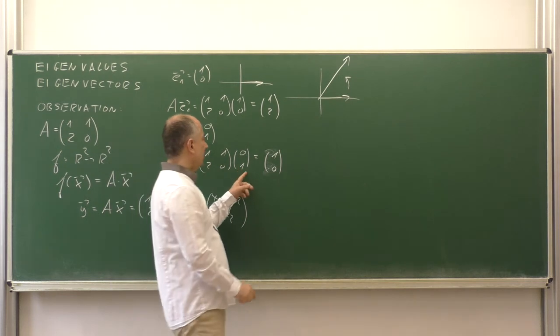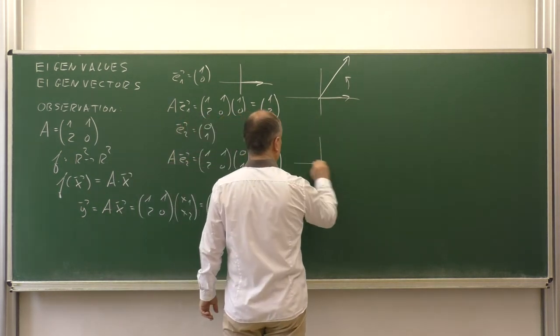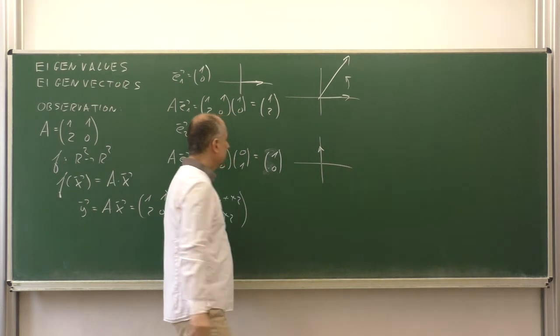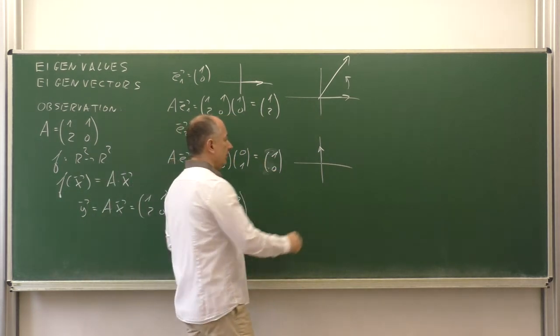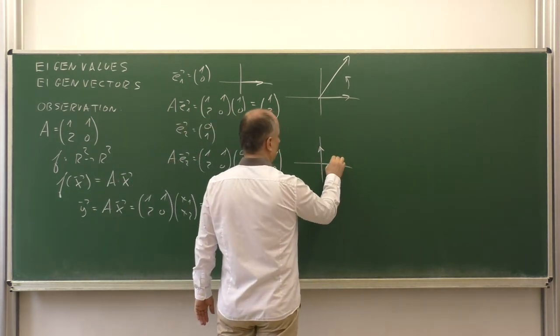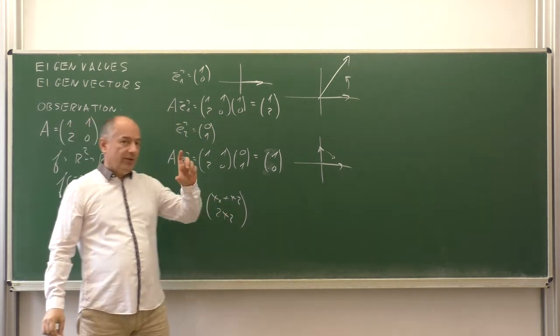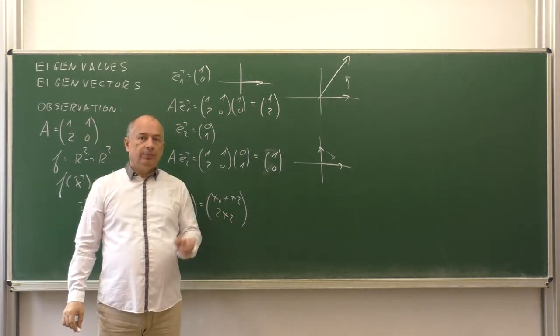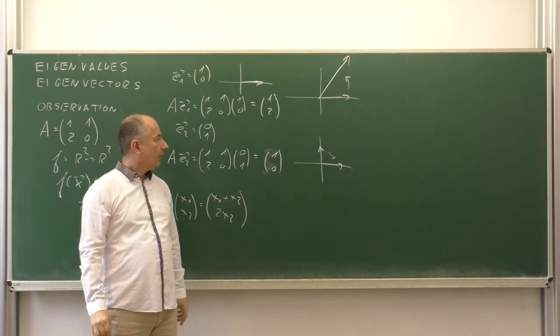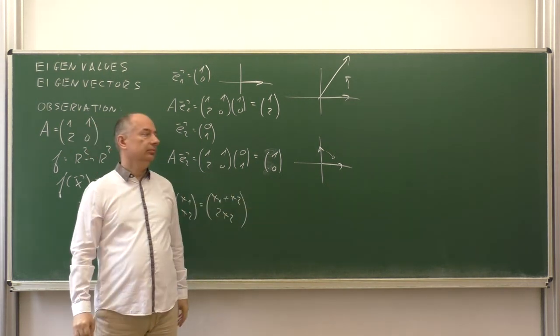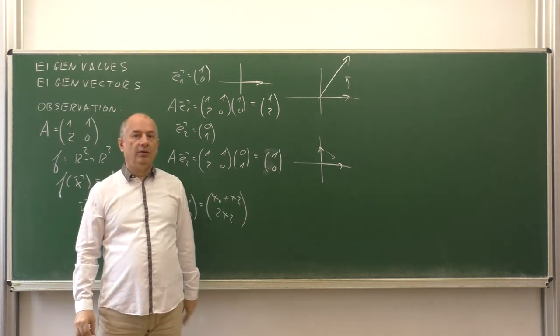How can we visualize this result? The vector 0, 1 is here, and the vector 1, 0 is here. So this time, the length of the vector is the same unit, but now it is rotated in the opposite direction, in the clockwise direction.